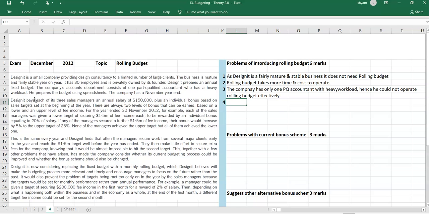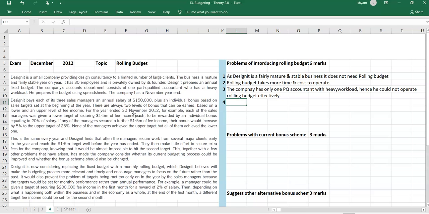So the next one is: Designit pays each of its 3 sales managers an annual salary of 1,50,000 plus an individual bonus based on sales targets set at the beginning of the year. There are always 2 levels of bonus that can be earned based on a lower and an upper level of fee income.